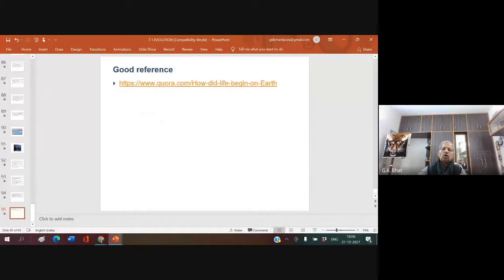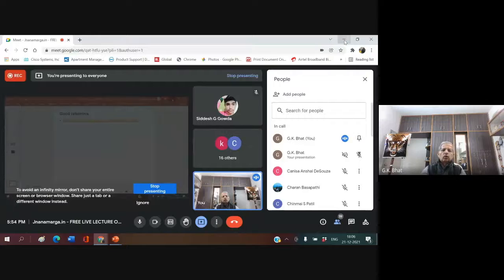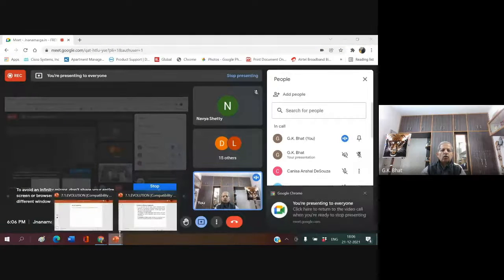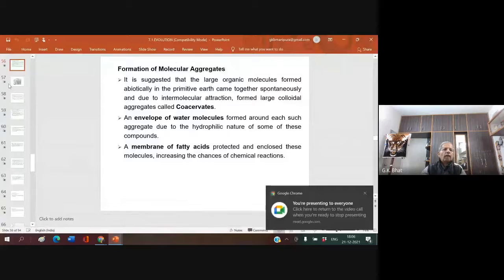Right? So I think this introduction part is over now, and we are going to look into the NCERT book now, into the details of evolution.